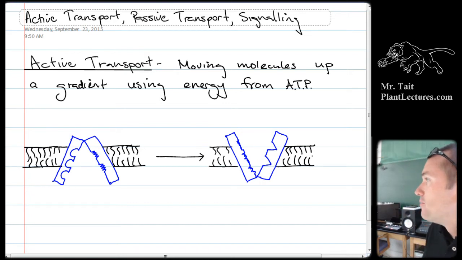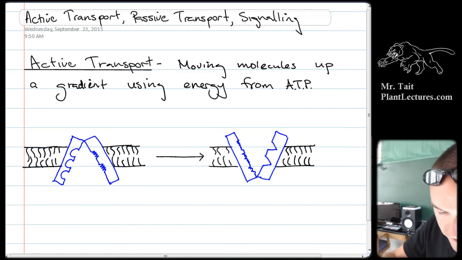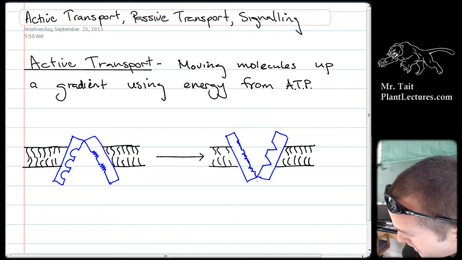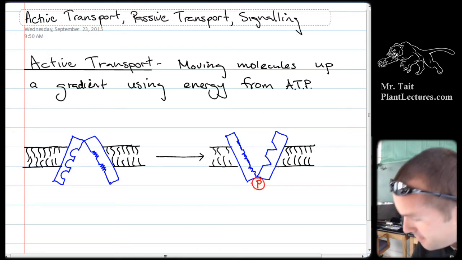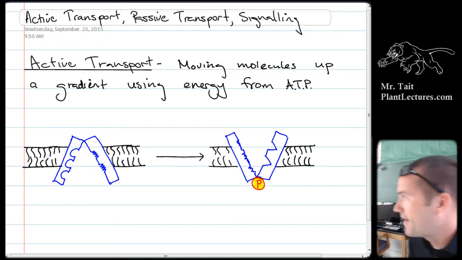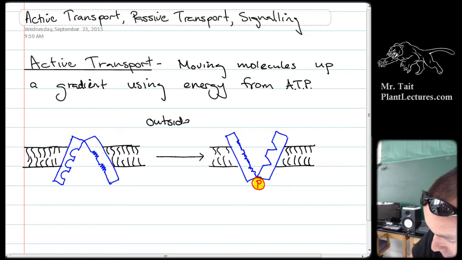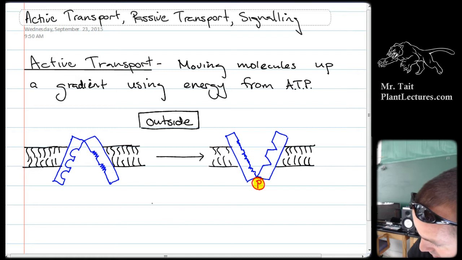All right, so this one on the right is what it looks like when it's been phosphorylated. So we're going to add a phosphate group in here, like that. And we can highlight it to show that that's where the energy is. Okay? So in this example, this is going to be on the outside of the cell, and this is going to be on the inside of the cell.